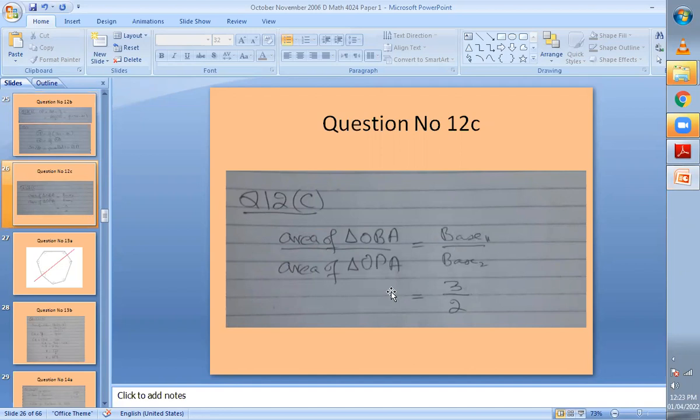In this case, the ratio of their areas is simply equal to the ratio of their bases, because both of these triangles are between the same parallel lines. So their areas will be the ratio of their bases, and we will not put a square on them. So the base ratio will be 3 by 2.